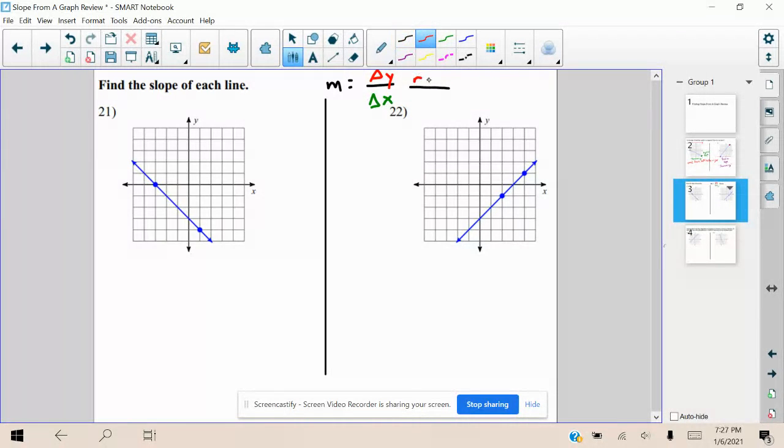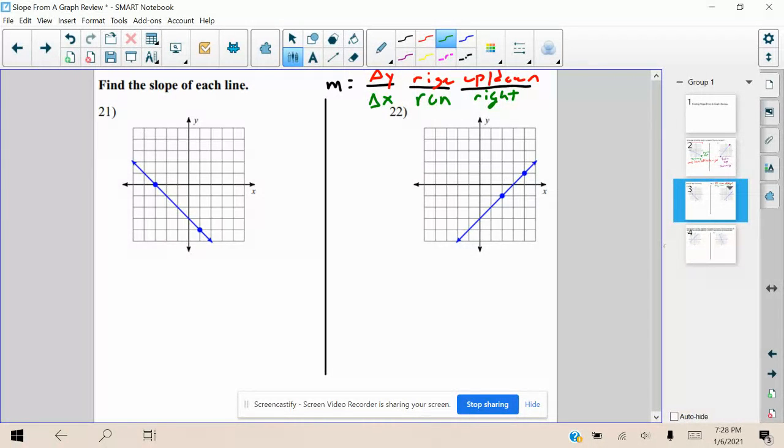We use the words rise and run. It's our rise over our run. So we want to figure out how much we go up or down compared to how much we go to the right.